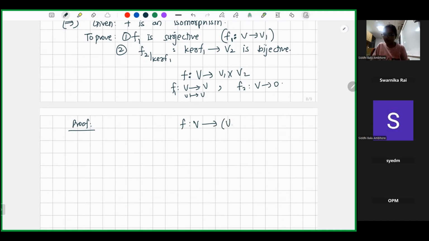Let us check V1 cross V2, V cross V, let us say. Yes, this is actually happening.